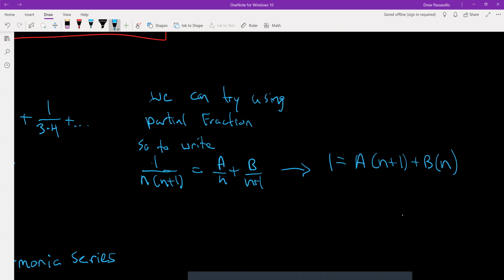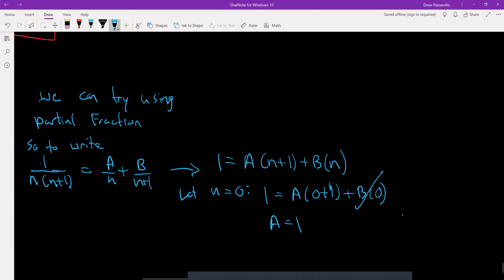Now, if we let n be 0, then you have 1 equal to a times 0 plus 1 plus b times 0. That cancels out, so you just get a is equal to 1.